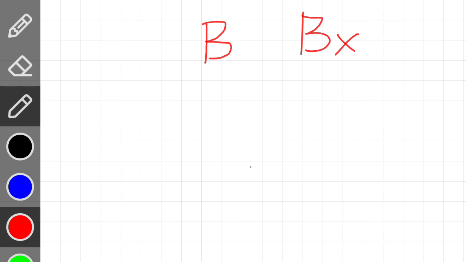We know that the unit vector along x-axis is represented by ax.